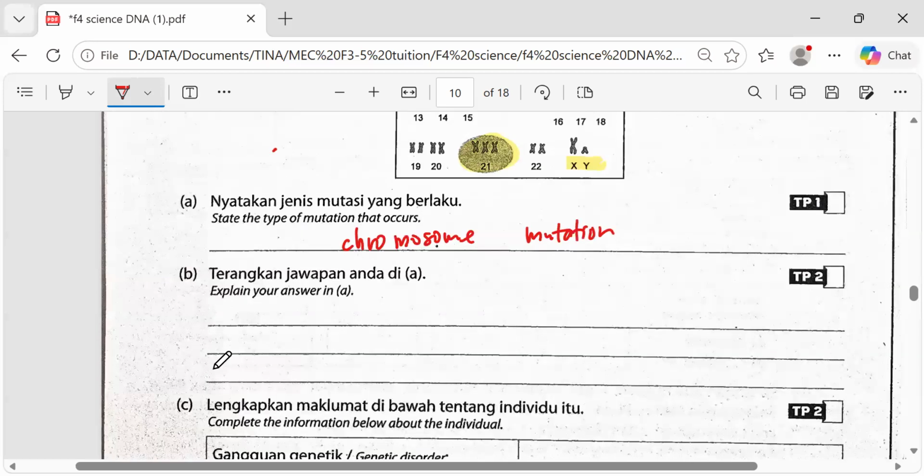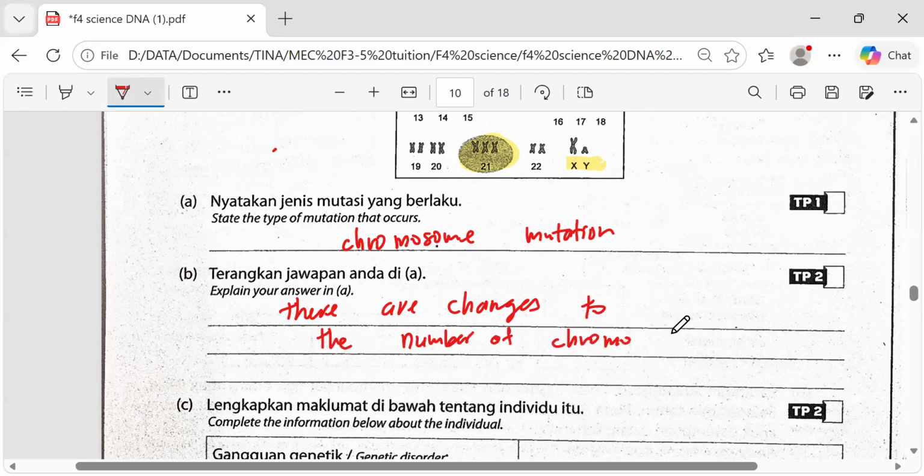Because there are changes to the number of chromosomes or the structure of the chromosome.